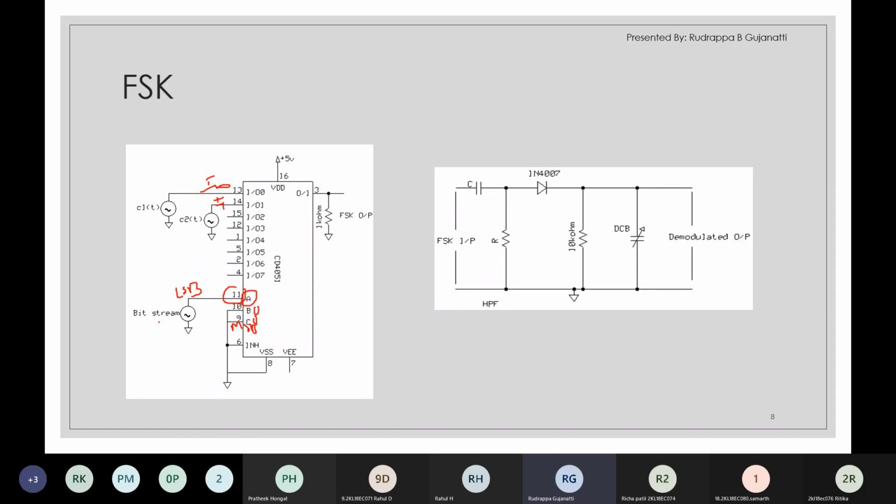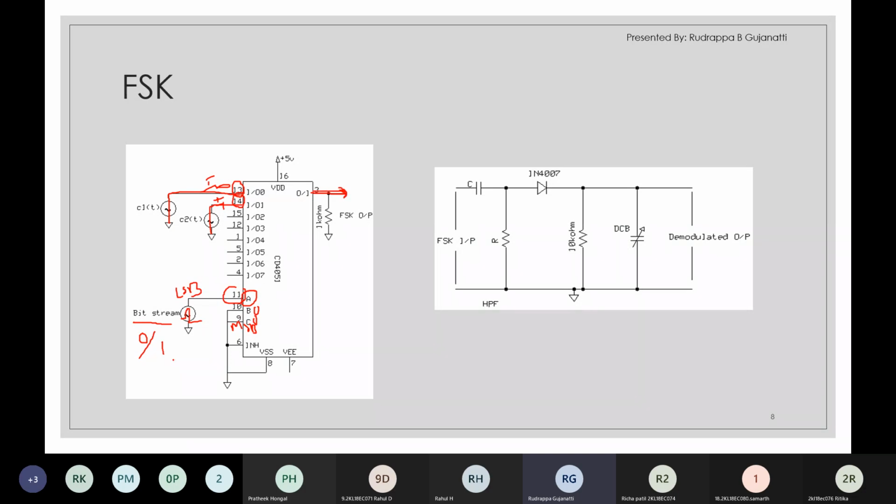And here we have connected the bit stream. So whenever this bit is 0, pin number 13 will be selected, and whatever input is presented over here will be presented at the output. Similarly, if this bit is 1, pin number 14 data is selected, and whatever data is present at pin number 14 will be presented at the output.